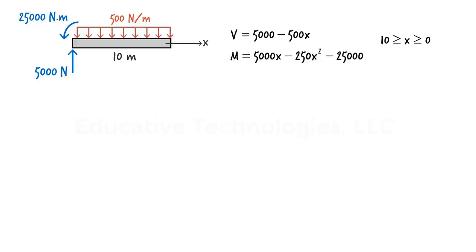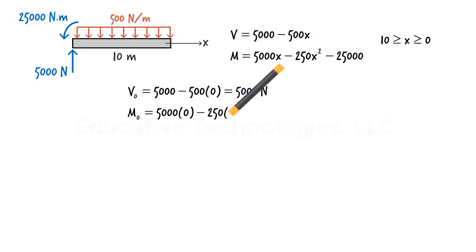We can use them to calculate shear and moment at any point along the length of the beam. For example, what is shear and moment at the left end of the beam where x equals 0? V of 0 equals 5,000 minus 0, or 5,000 newtons. M of 0 equals 0 minus 0 minus 25,000, or negative 25,000 newton meters.